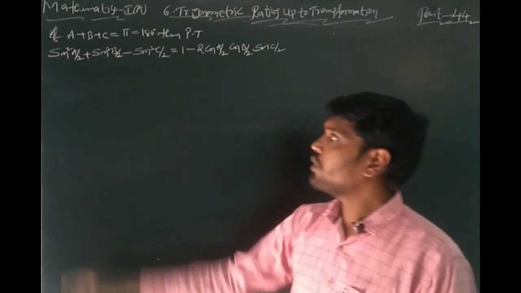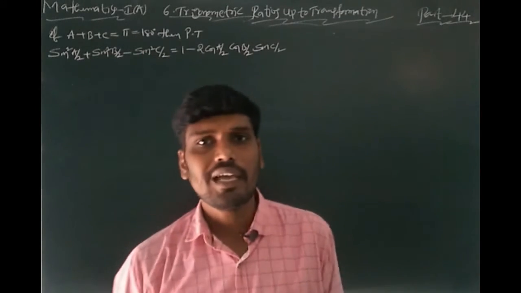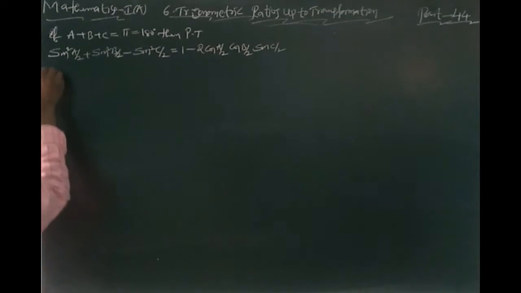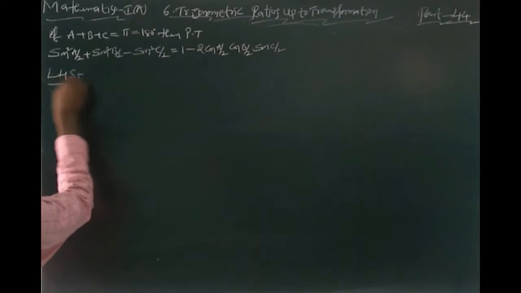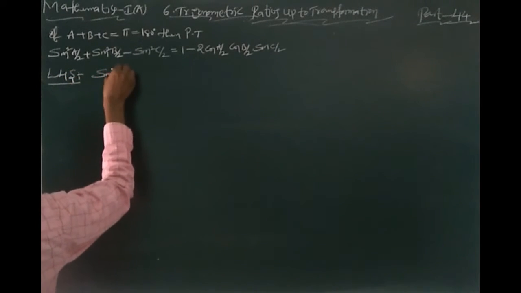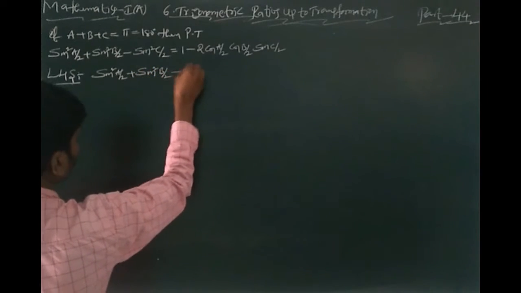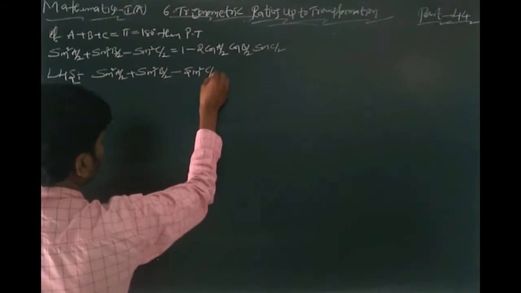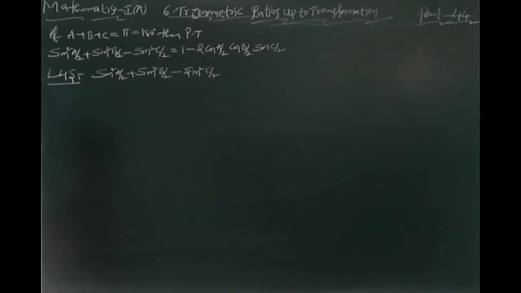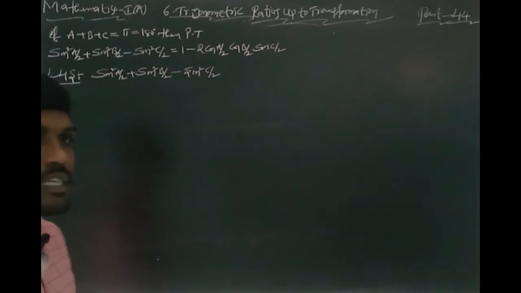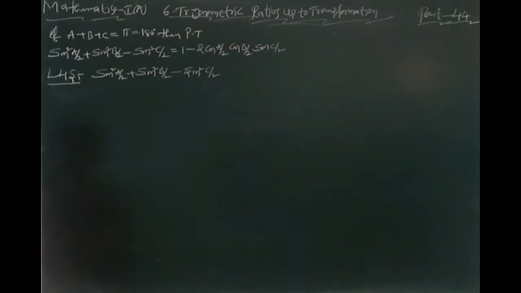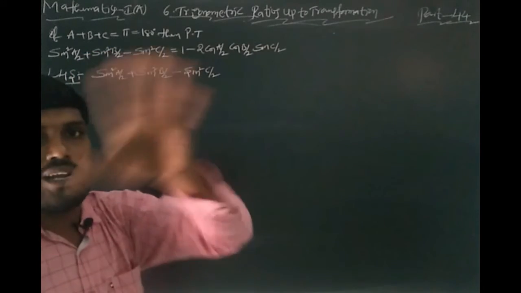Okay students, you can write. First of all you have to take the LHS part. What is that LHS part? LHS part is sin square A by 2 plus sin square B by 2 minus sin square C by 2. In this LHS part, you can write this sin square A by 2 in terms of cos.